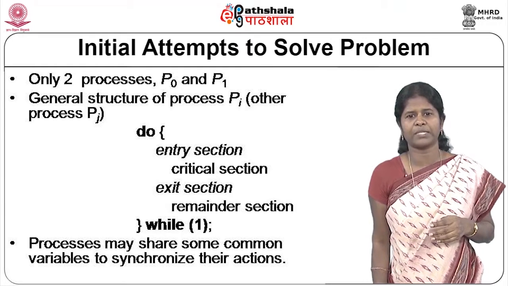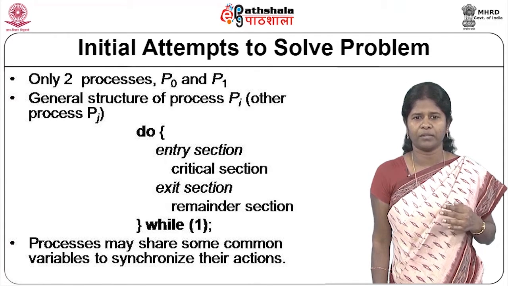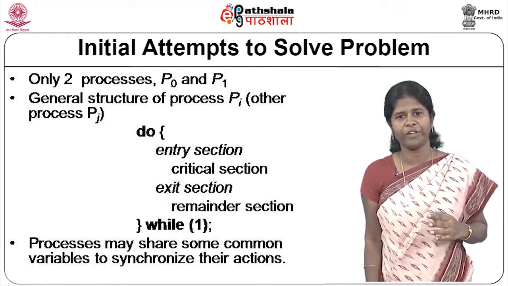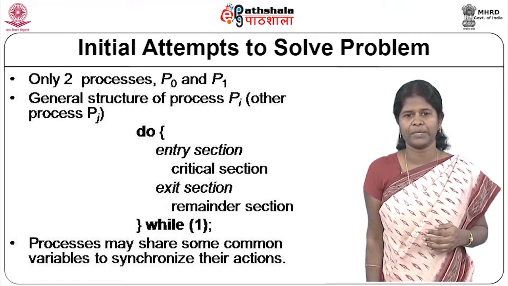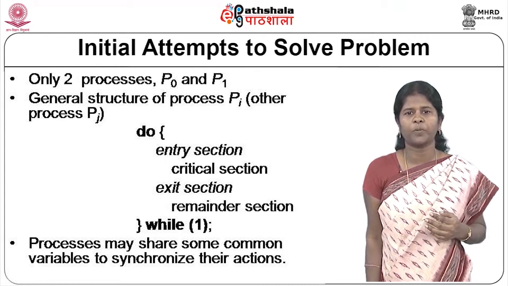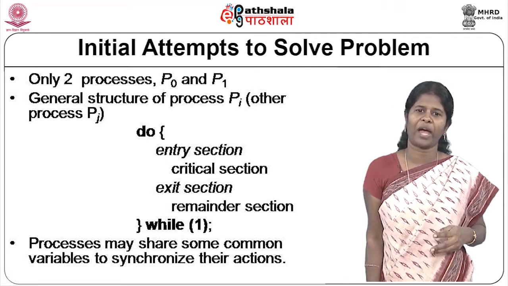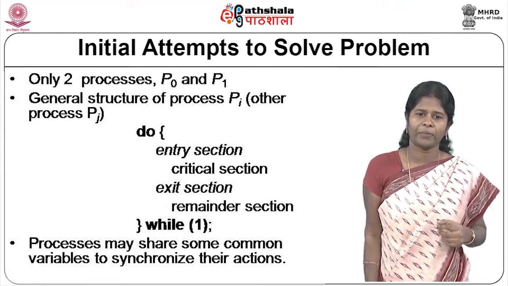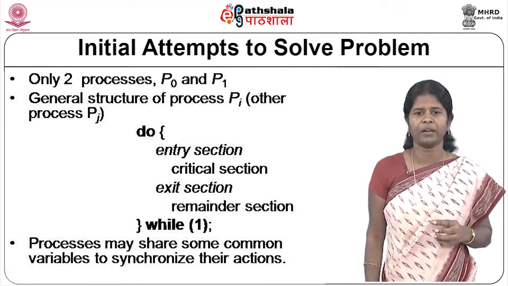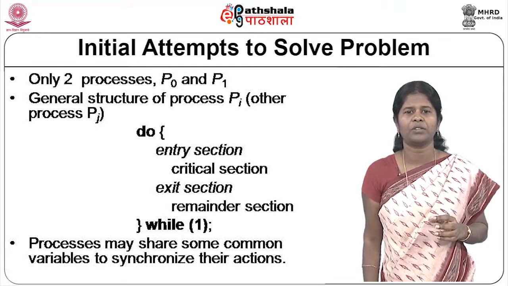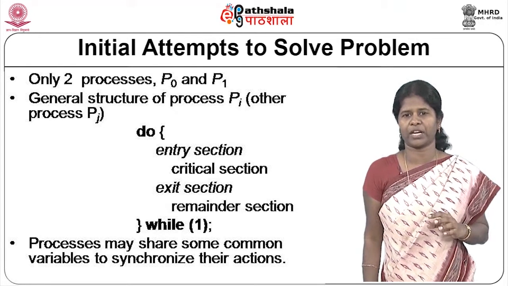The structure of any process will look something like this, and there can be two processes P0 and P1 with a similar structure. The processes share some common variable so that they can synchronize their actions.